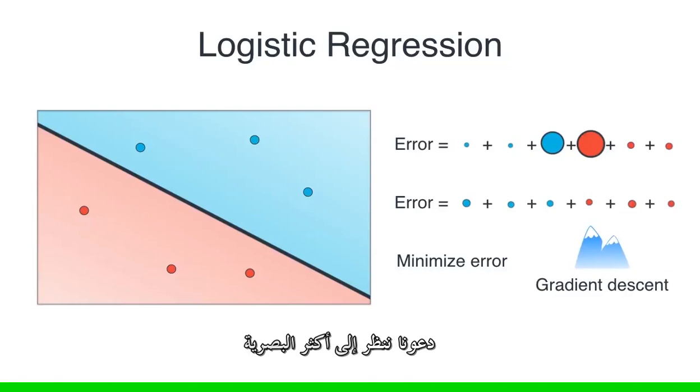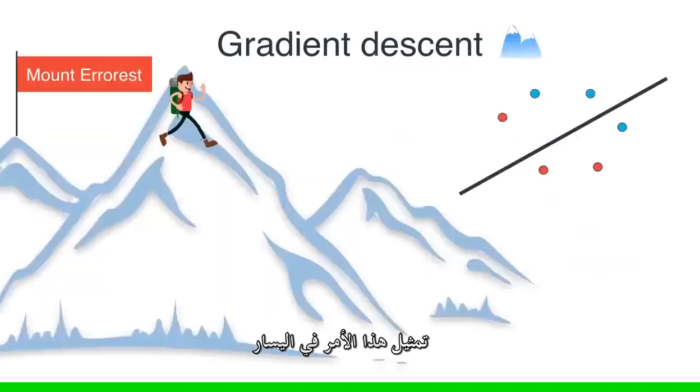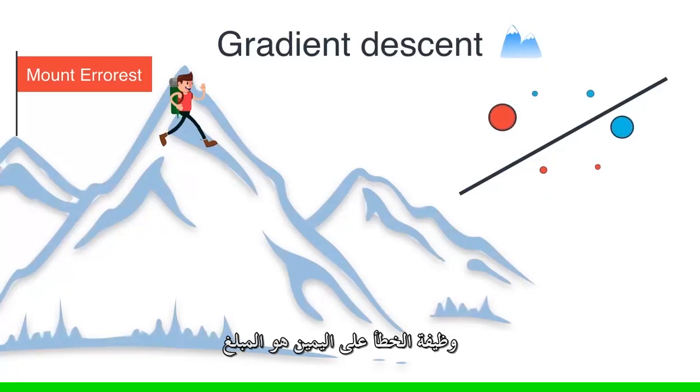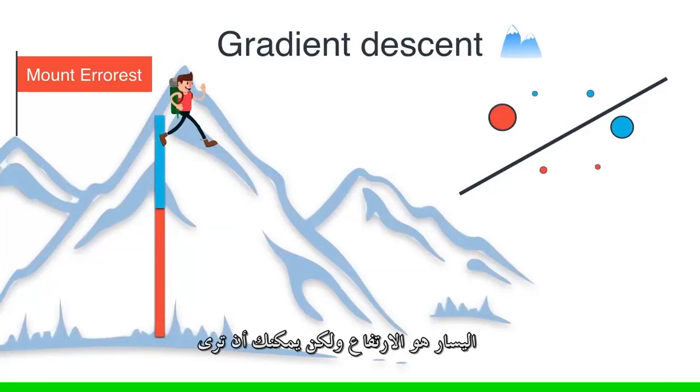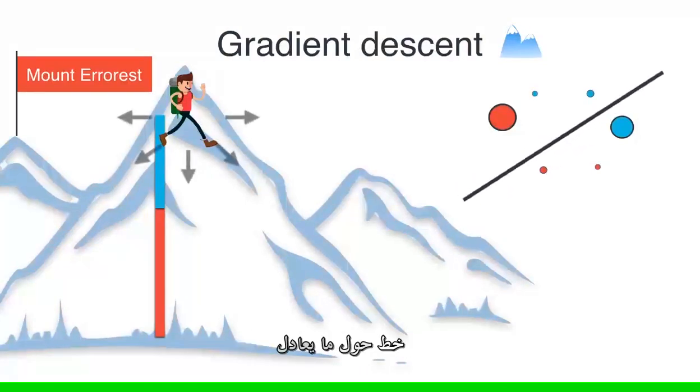Let's look at a more visual representation of this. So in the left, I'm descending from the mountain. In the right, I'm trying to split my data. And my error function on the right is the sum of the penalties of the points. And on the left is the height. But you can see that I've made it in such a way that it adds to the same thing. Now I move my line around, which is the equivalent of looking around me in the mountain.